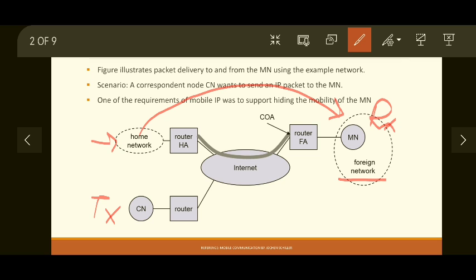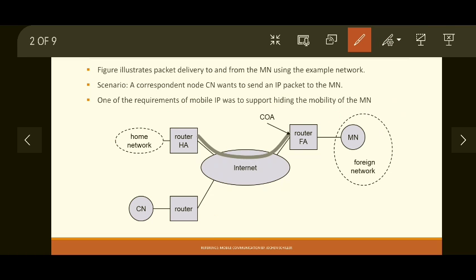Because once we change the network, our IP address will also change, and that means the destination address for packets sent by the CN should change. But since we are using mobile IP, those packets will not contain any different destination address, and that means the mobility of the mobile node is kept invisible from the correspondent node. Okay, so we will see the step by step process of how these packets are delivered.